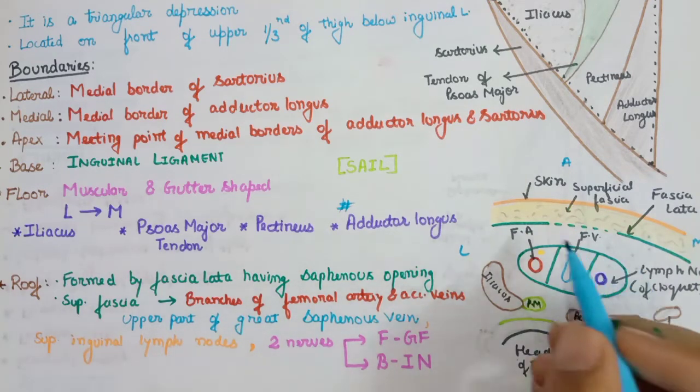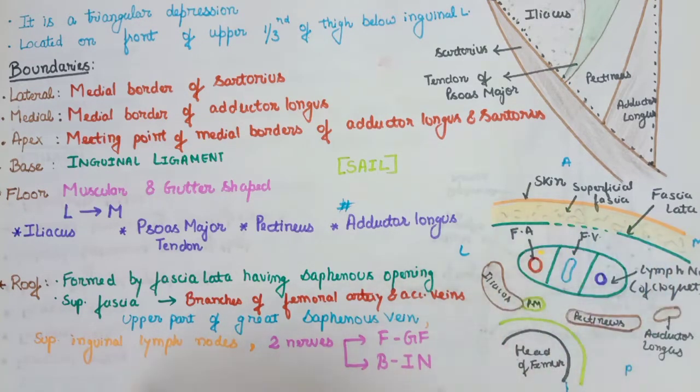Another thing is that the roof is formed by the superficial fascia, but the superficial fascia has some contents: the branches of the femoral artery, the accompanying veins which accompany the femoral artery, the upper part of the great saphenous vein, superficial inguinal lymph nodes, and two nerves, FGF and BIN. FGF stands for femoral branch of genitofemoral nerve.